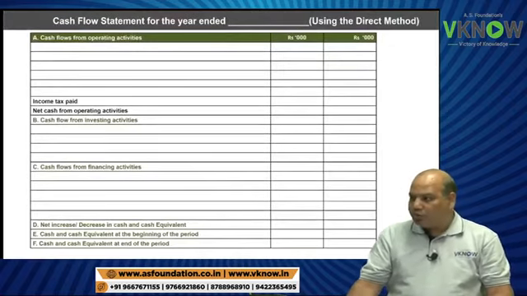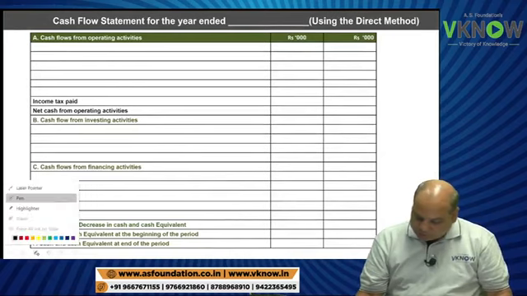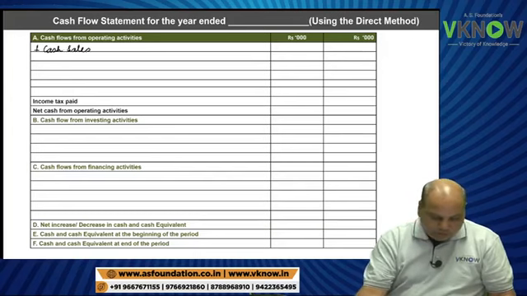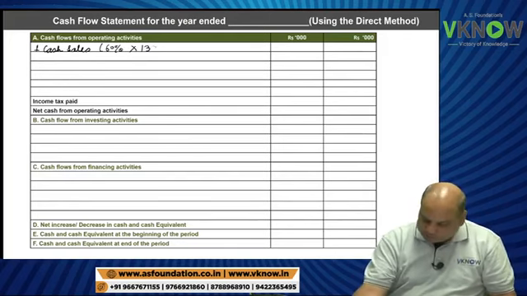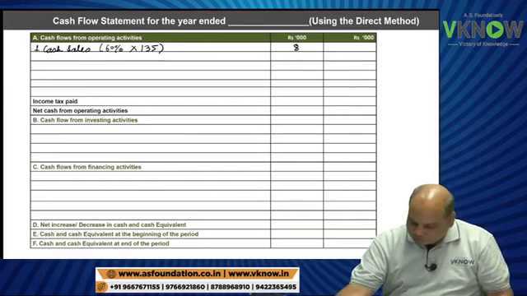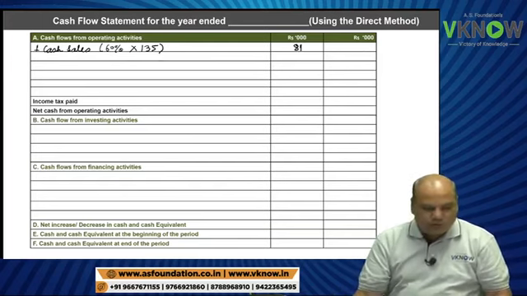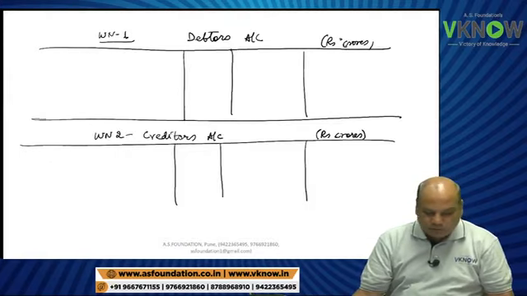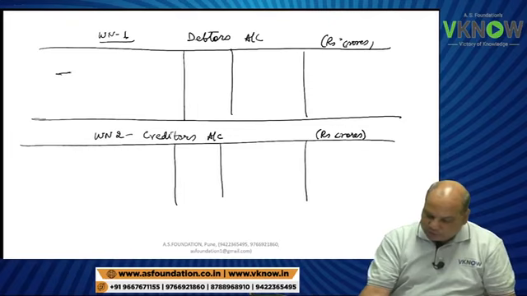So first you come to main cash flow statement. Under cash flow statement, write down 1, operating activity cash sales. Cash sale, write down 60% into 135. That should be 81. And what about the remaining? The remaining is credit sale.